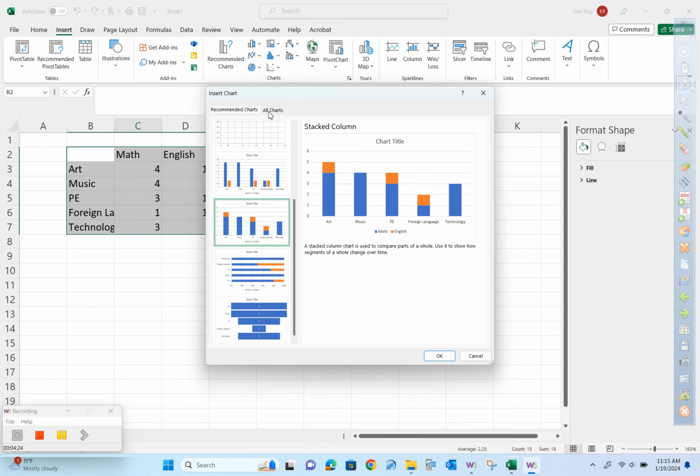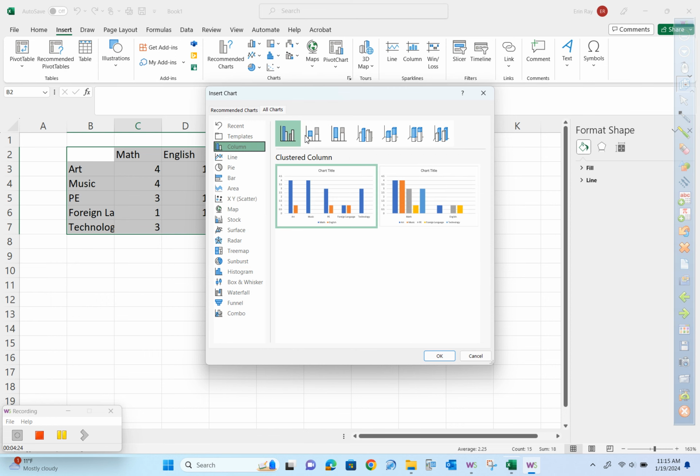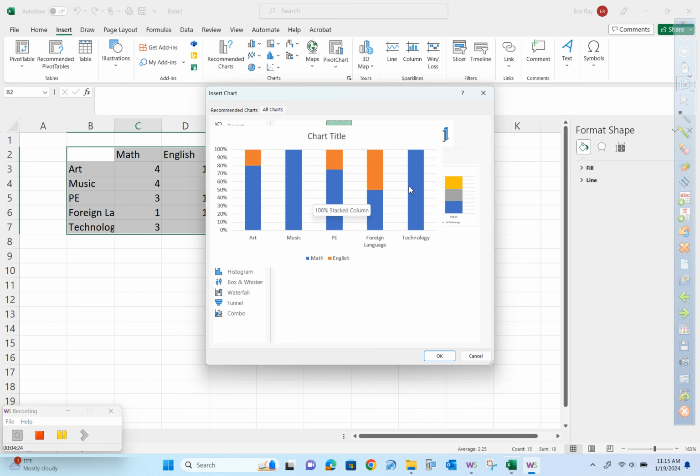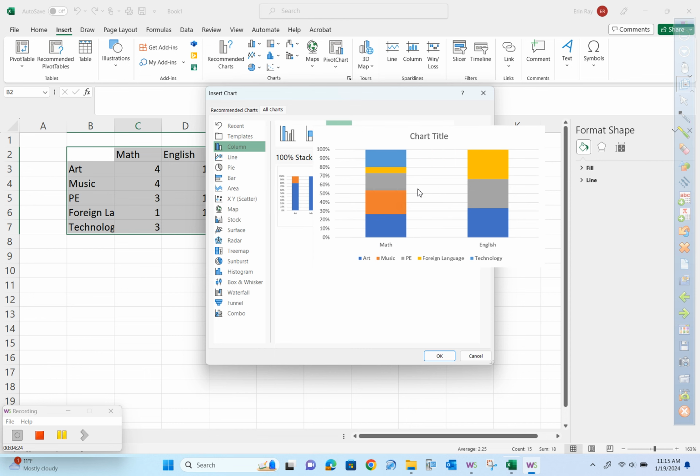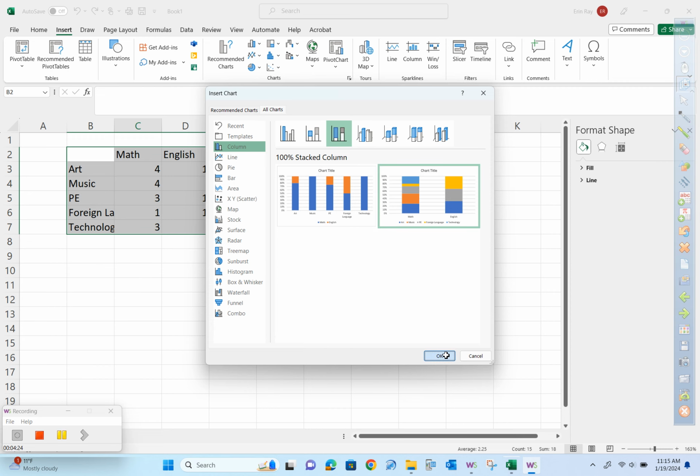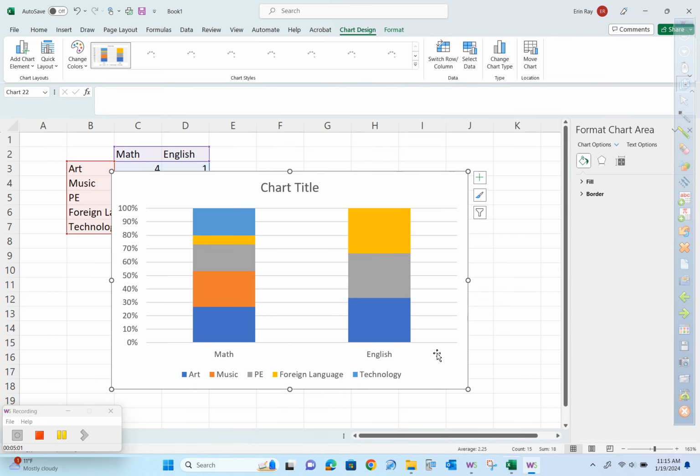So what you're going to do is go to All Charts here, and then find the stacked where the bars are the same height. That's your 100% stacked column. And then we want to choose the one of these two where the core class is on the bottom. Okay. Using Excel here lets us see the proportions of these easily without having to calculate them by hand first.